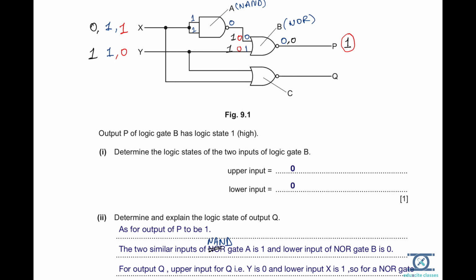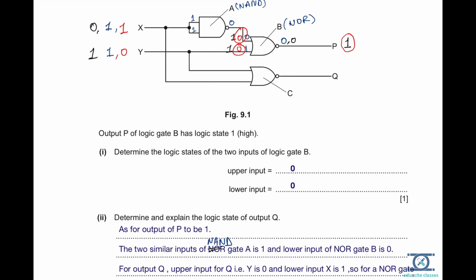So the two similar inputs of AND gate A are 1 and 1, and the lower input, which is the NOR gate B, is 0. Okay, so here the red color one is the answer, so let us mark this.